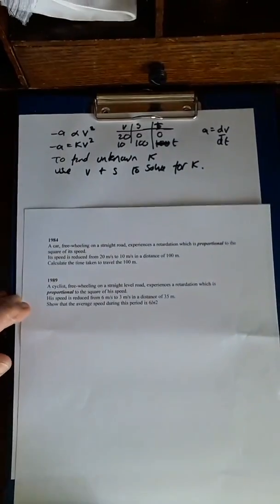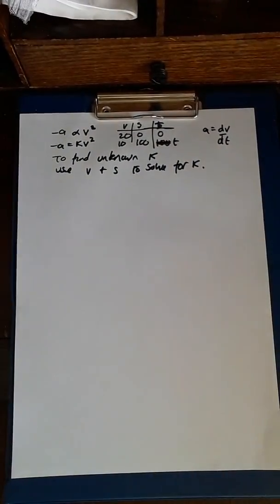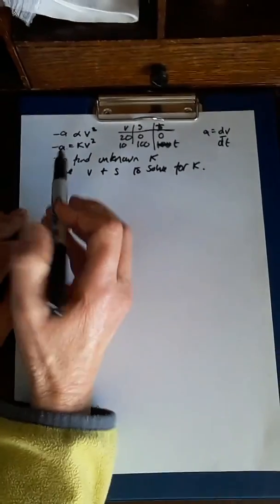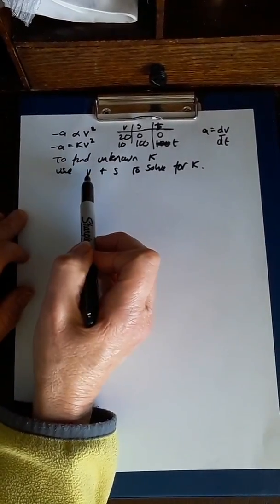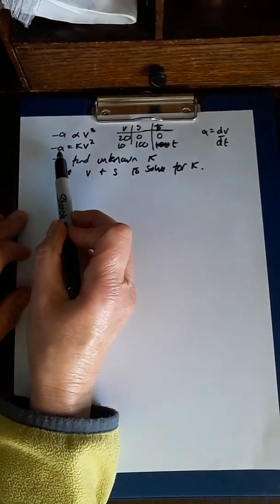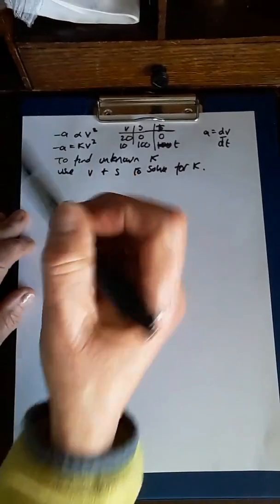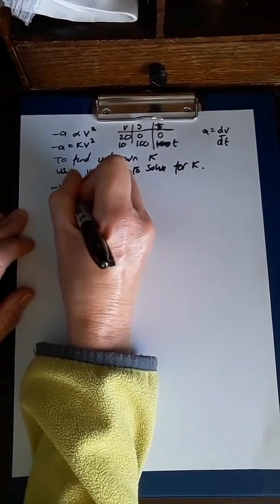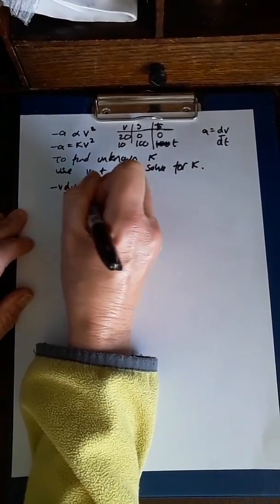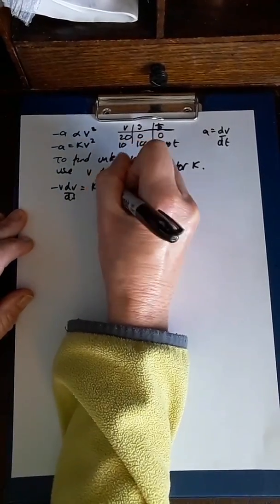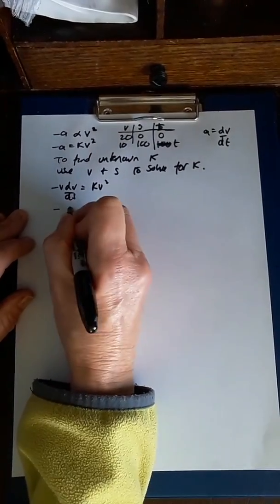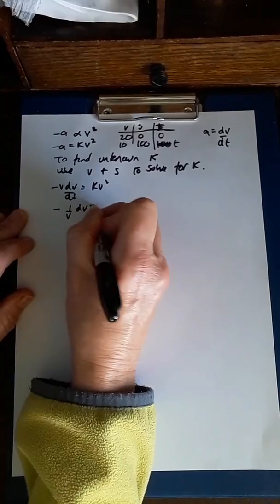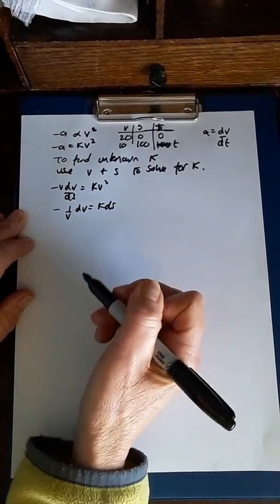Okay, so let's have a look at that then. If I've got to use v and s here, I'm going to change this a to v dv ds. So this will become minus v dv ds is equal to kv squared. Separate the variables, and this becomes minus 1 over v dv is equal to k times ds.